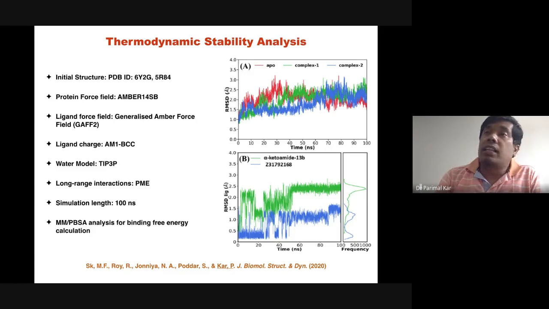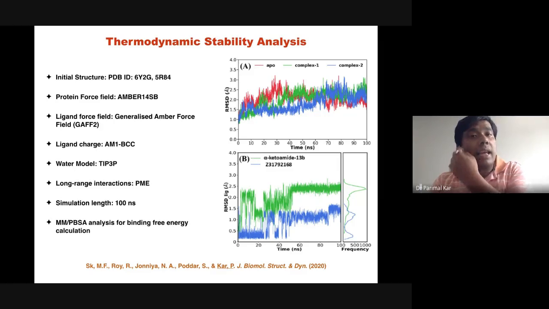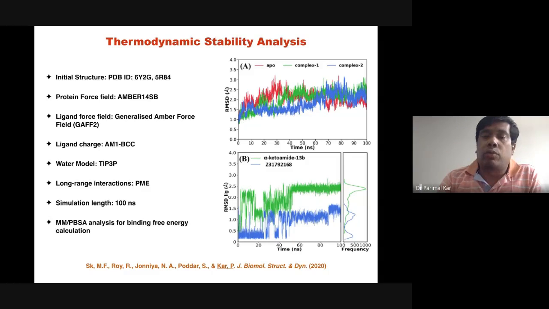Now you need to know the mass of each atom and also the bond information. For that we use the generalized Amber force field, GAFF2, the updated version. And the water molecule, we have to model it.